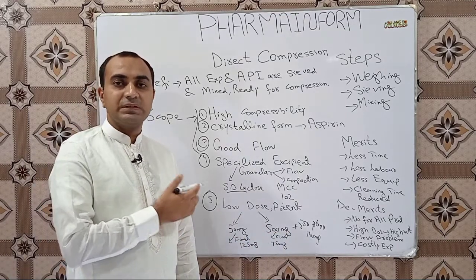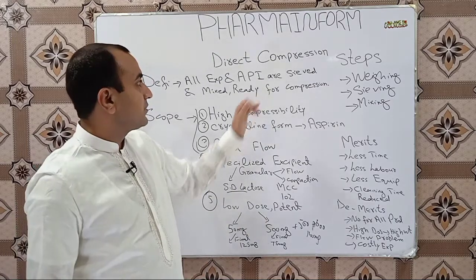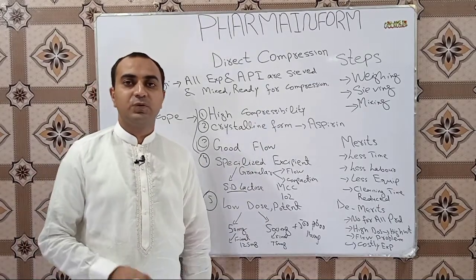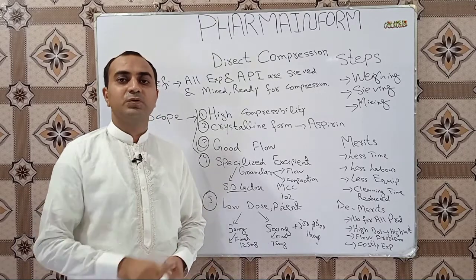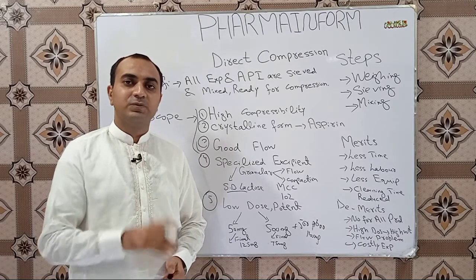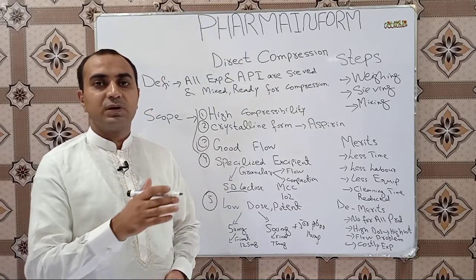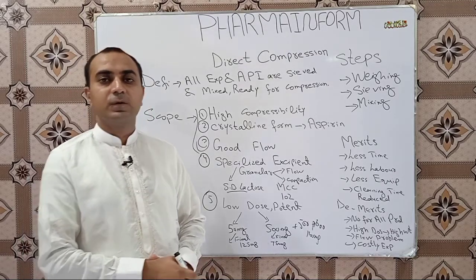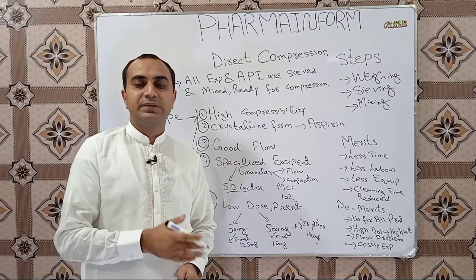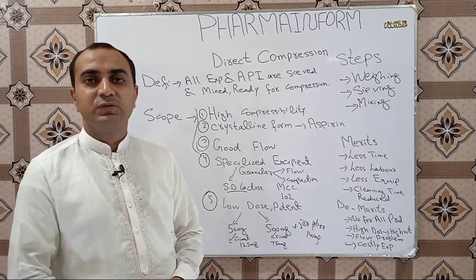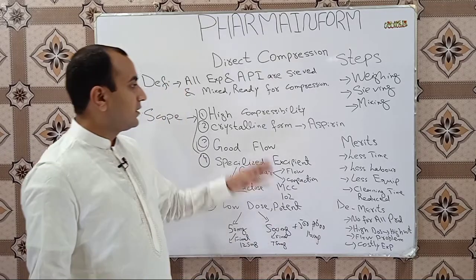So from this discussion you can now easily understand that the direct compression method is not used for all products, because most of the active pharmaceutical ingredients and excipients used do not have good flow properties or good compaction properties. So we convert those APIs and excipients into granules using the wet granulation method or dry granulation method.